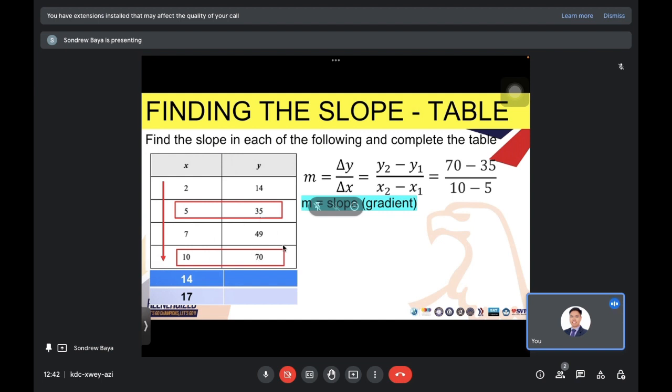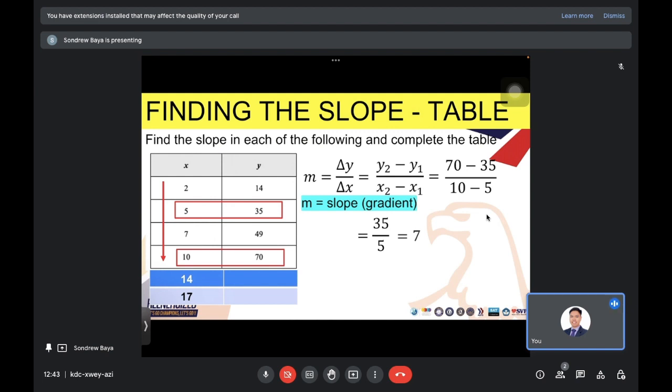So this would now be 70 minus 35, and then 10 minus 5. So subtracting 70 by 35 gives us a change in the y. Subtracting 10 by 5 gives us a change in the x. Therefore, we get 35 out of 5, or simply 7. This is now the rate of change, or simply the slope.